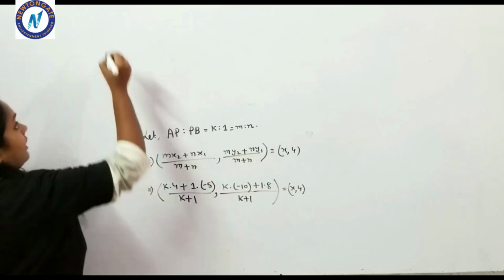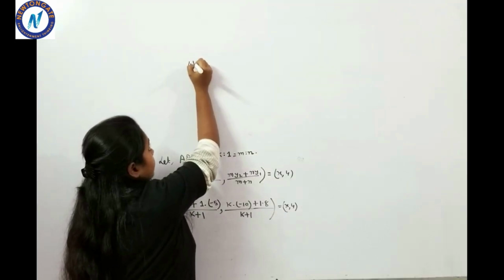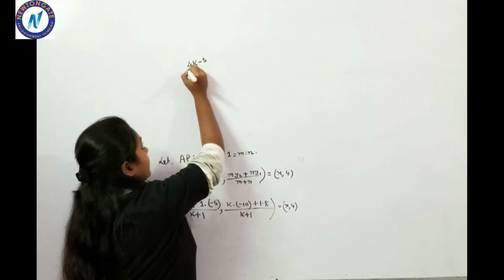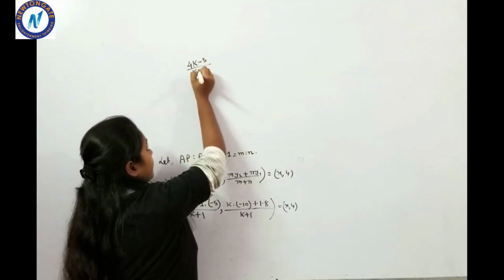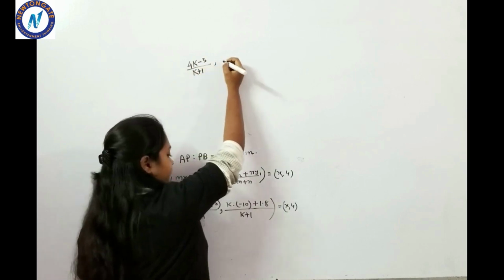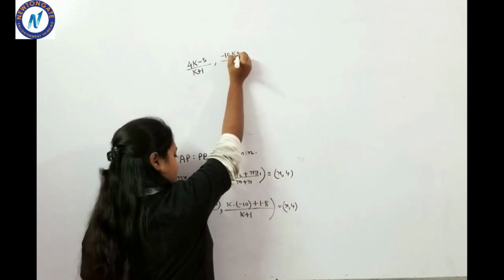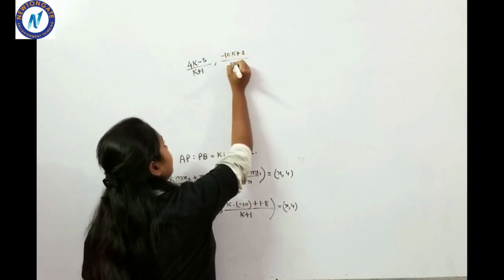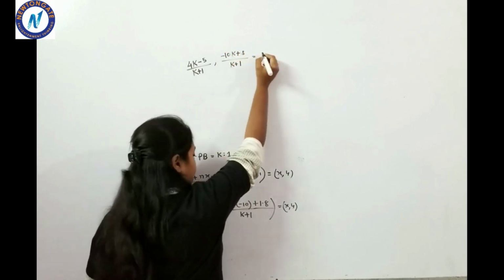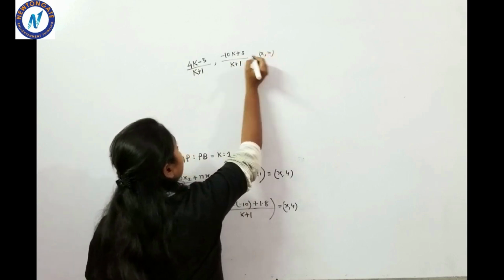Now, (4k minus 5) divided by (k plus 1), comma, (minus 10k plus 8) divided by (k plus 1), equals (x, 4).